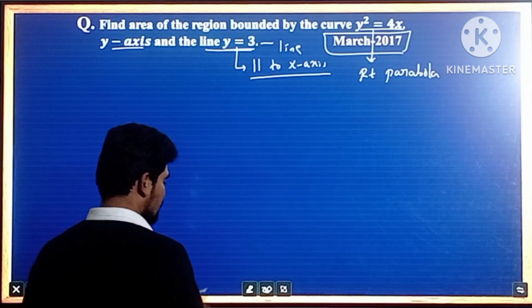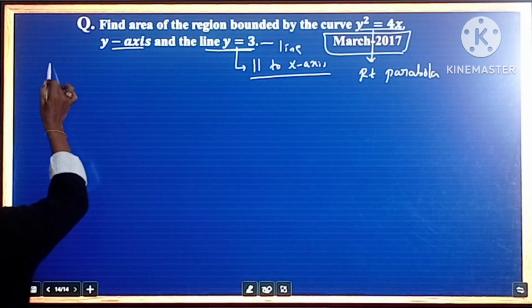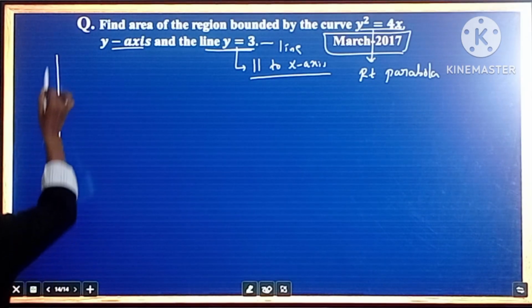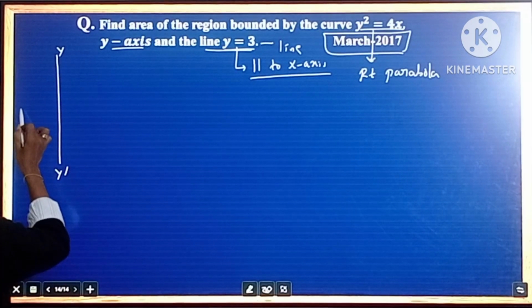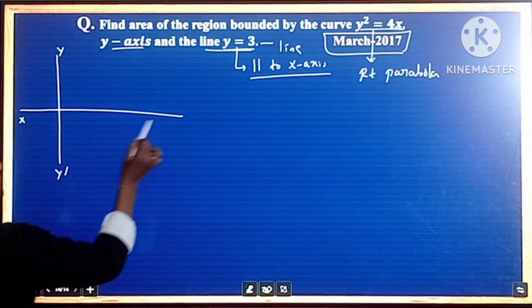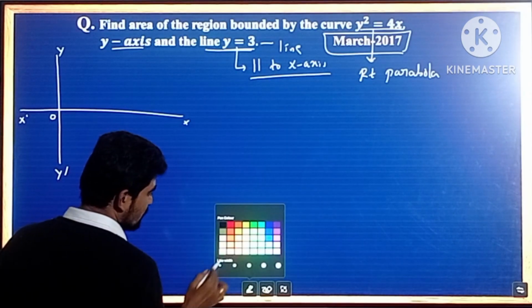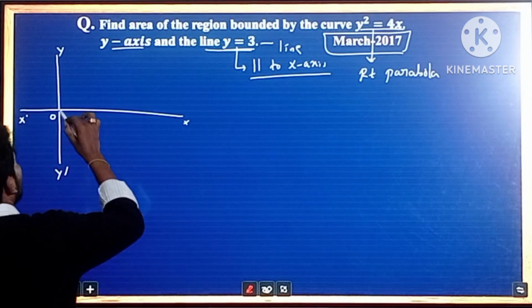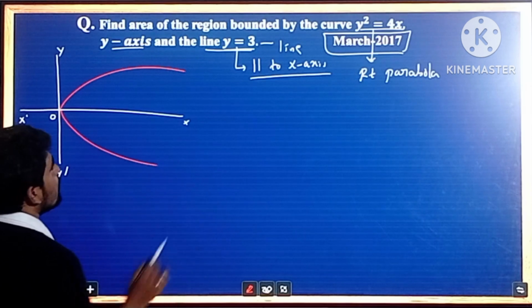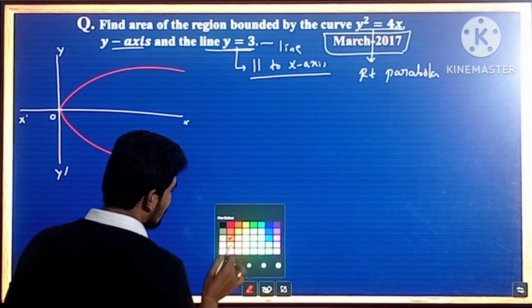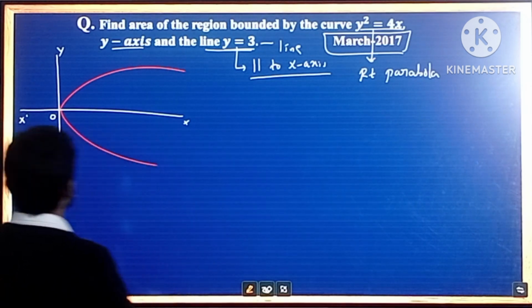Therefore the rough diagram of this one is, let this be the y axis and x axis, and this one is the origin. Since y square equals to 4x is a right parabola, this is the right parabola, and y equal to 3 is a line parallel to x axis.